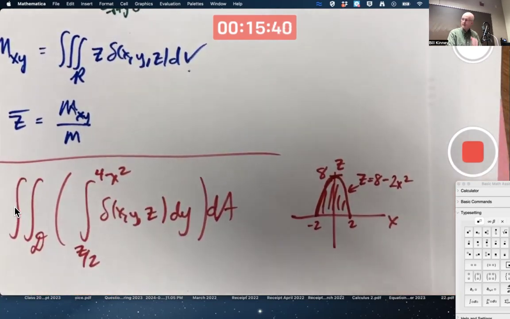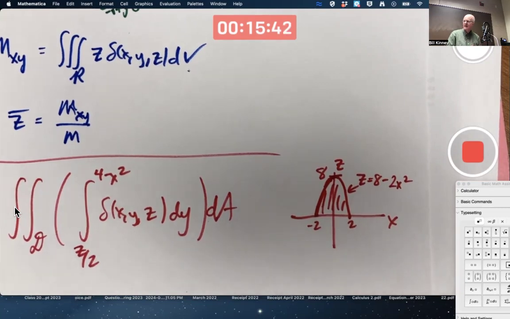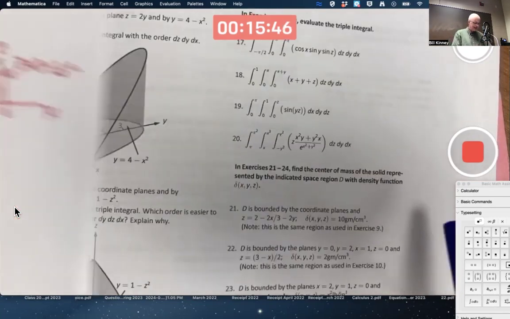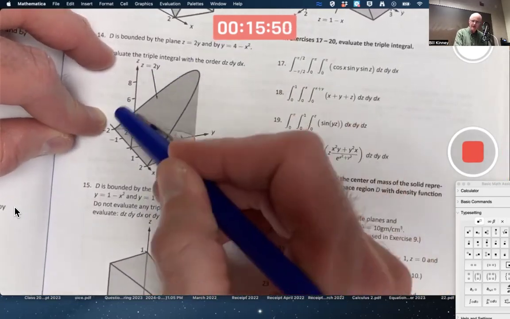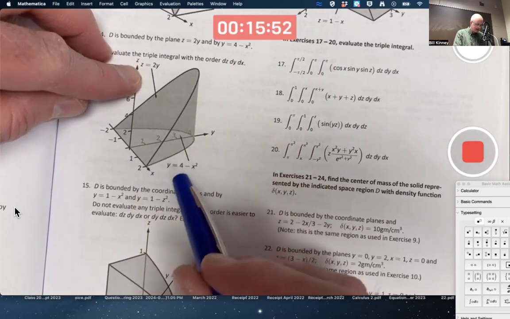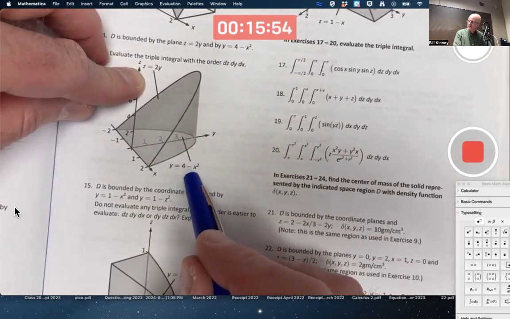Double check the x-intercepts. Is there a way to figure it out without just looking at it? Yeah, effectively, this slanted parabola is the set of points that satisfies both of these equations.